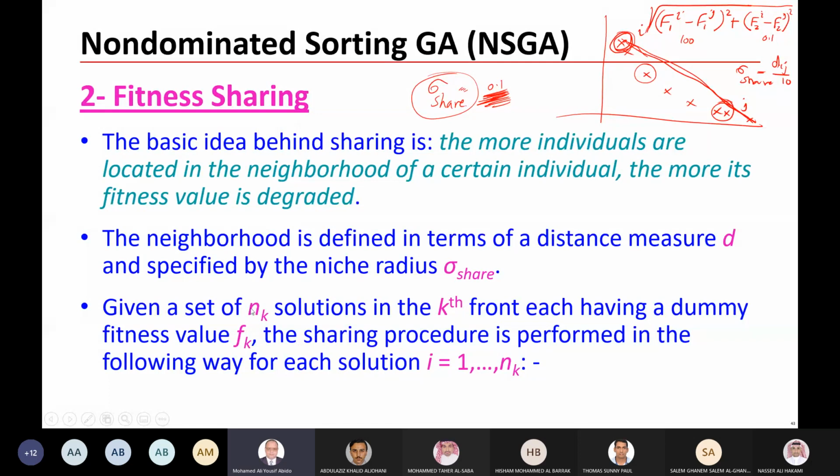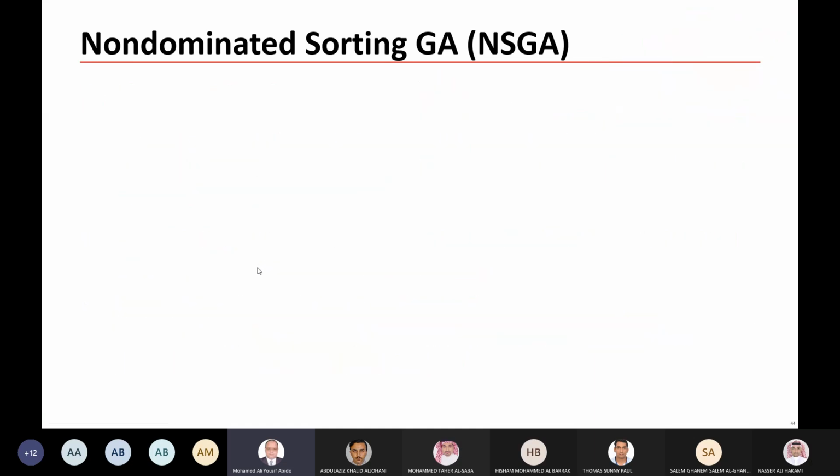Now we will go to the solutions in the front and see the neighborhood of each one, calculate the distance among all these solutions, and see which one is in the neighborhood of each other, and then we degrade its fitness.